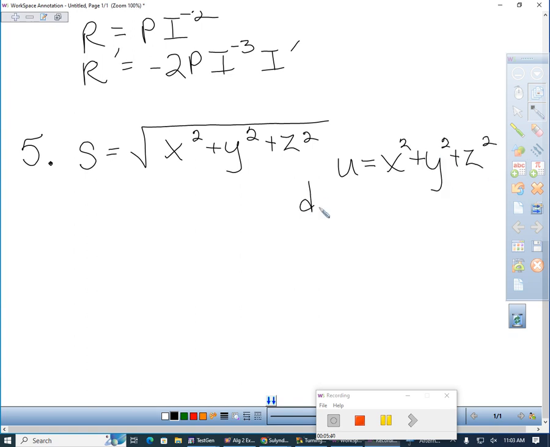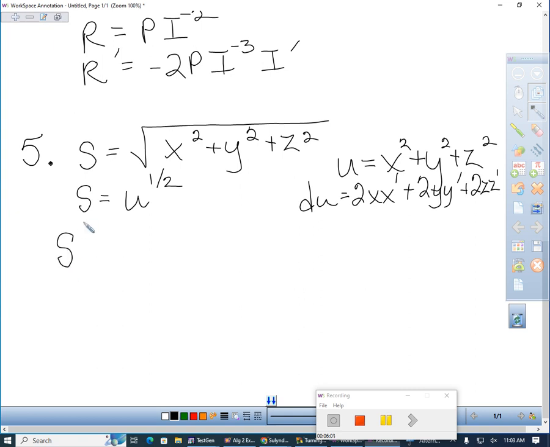So my du would be 2x x prime plus 2y y prime plus 2z z prime. Over here, we technically have S equals the square root of u, or u to the 1/2. So now let's do our derivative. S prime equals 1/2 u to the negative 1/2 du.